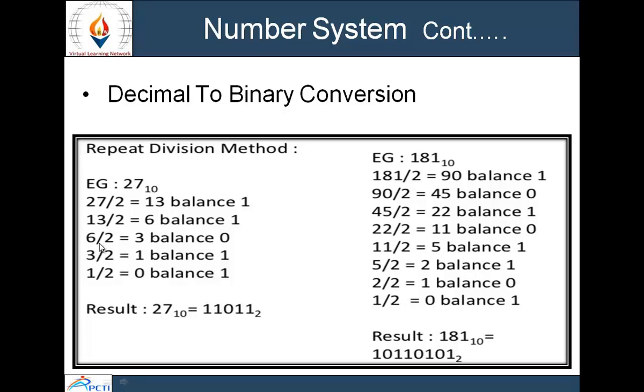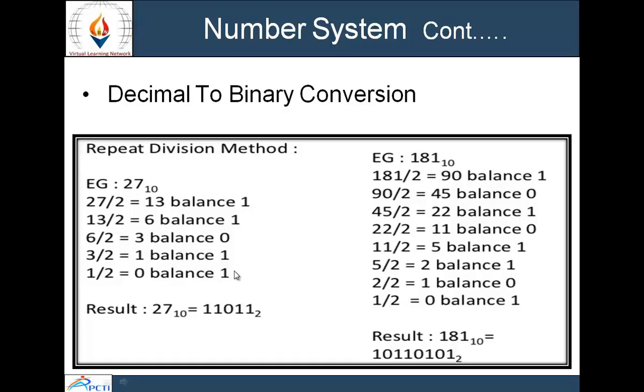Then 6 will be divided by 2, the quotient will be 3 and the remainder will be 0. Then we will divide 3 by 2, then the quotient and remainder will be 1 and 1, and after it we will divide 1 by 2 and the quotient and remainder will be 0 and 1.